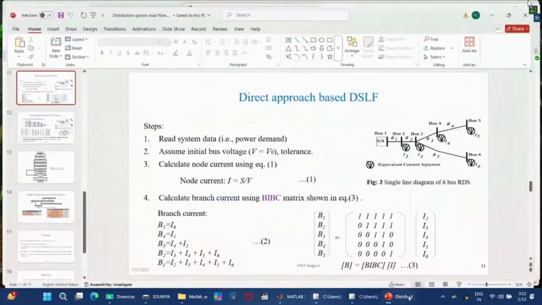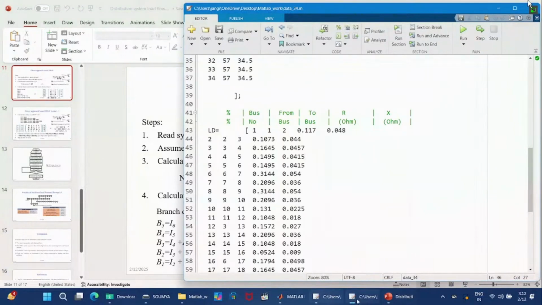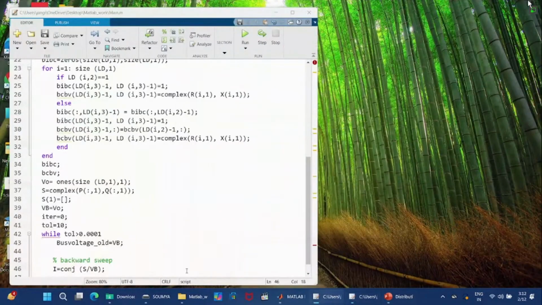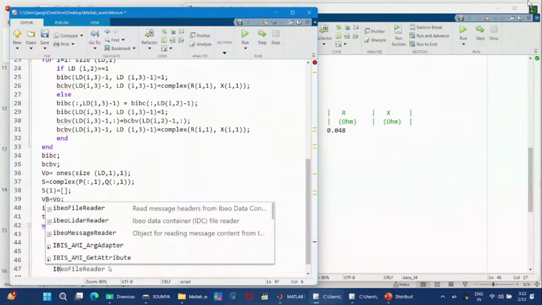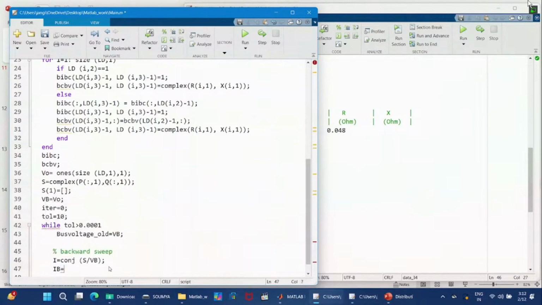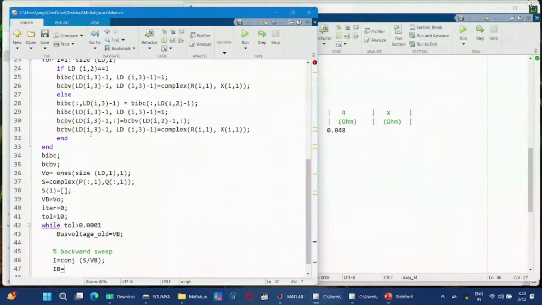For that we utilize the formula shown in equation number 3. So we calculate the branch current, which is equal to BIBC into the node current, and this BIBC calculation has already been done by us.